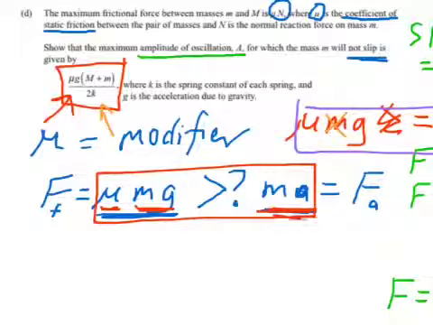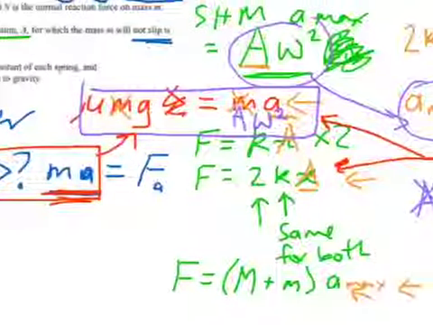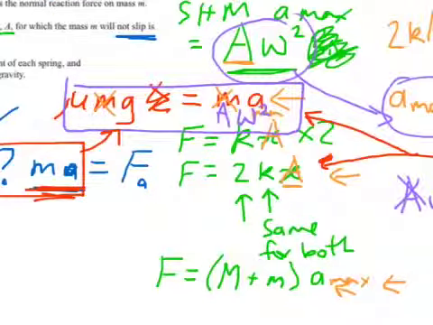If it's greater than that, it'll make it slide, so it has to be that. So we came up with this equation above for that, and we can cancel out the m's, and the mu g part stays because it's useful, and we substitute in A omega squared as the maximum acceleration from the simple harmonic motion equation.